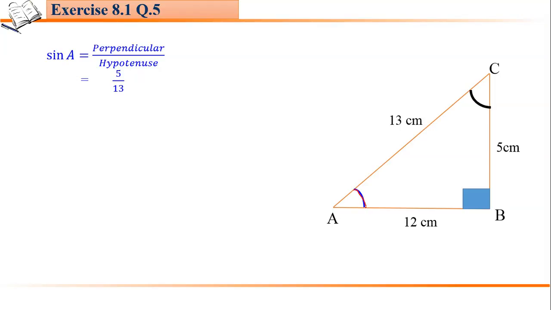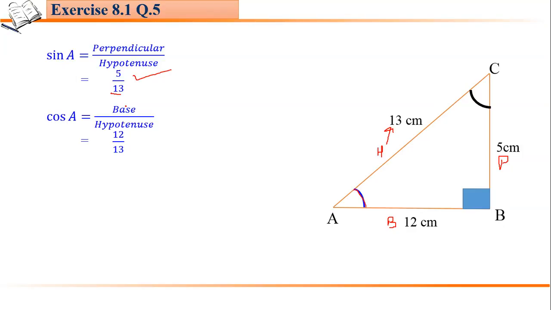Again, whatever the angle in consideration is, you have to take the side opposite to this angle as the perpendicular. So this is the perpendicular, this is the base, and this is our hypotenuse, which is fixed and equal to 13 centimeters. Sine A is perpendicular upon hypotenuse, so perpendicular here is 5, that is BC, and hypotenuse is 13. So sine A is equal to 5 upon 13.